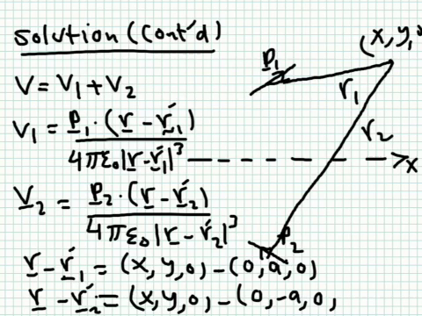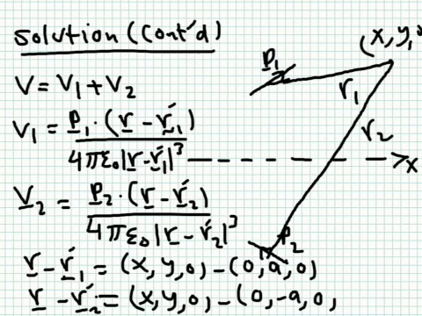Because I have two dipoles, I have to calculate two potentials: the potential resulting from the first dipole, which I call V1, and the potential resulting from the second dipole, which I call V2. When you sum these two together, this is the expression for the first potential, and this is the expression for the second potential. I know what p1 is. p1 is given to me as a vector. It has x and y components. I can calculate this vector, which is a vector pointing from the point (0, a, 0) to the point (x, y, 0).